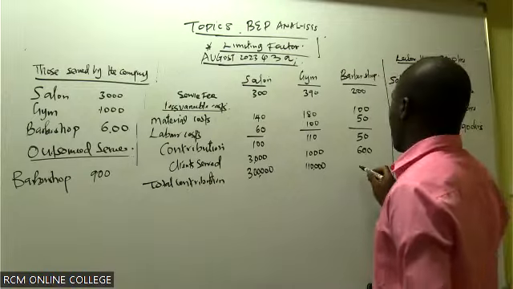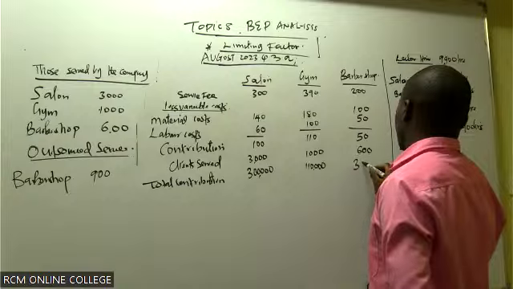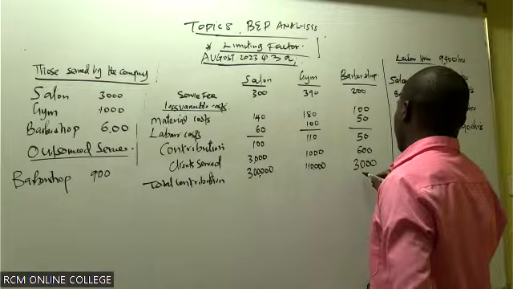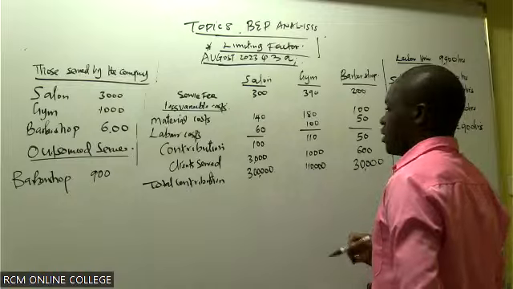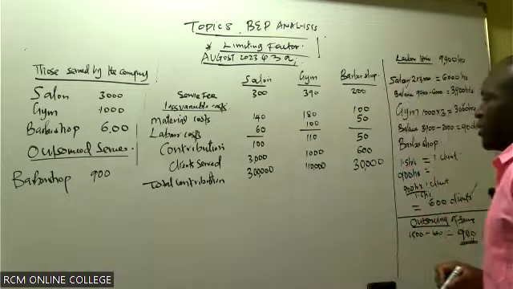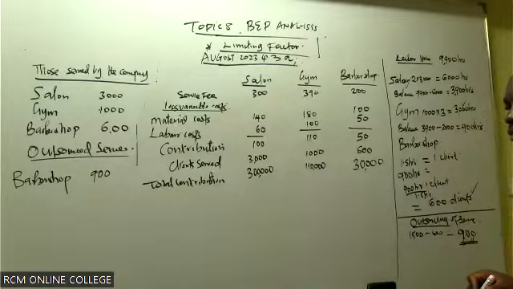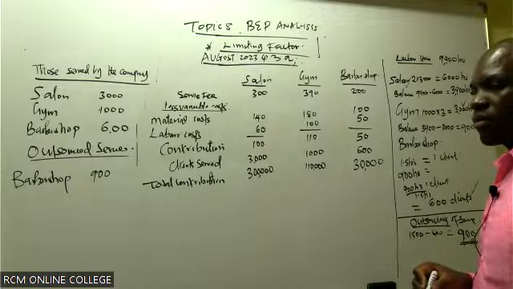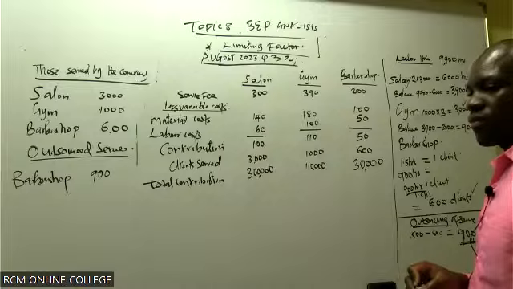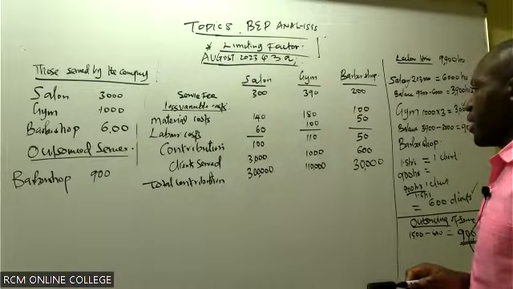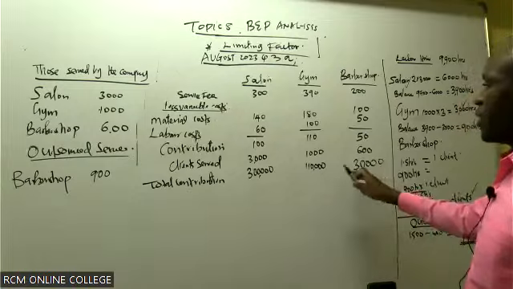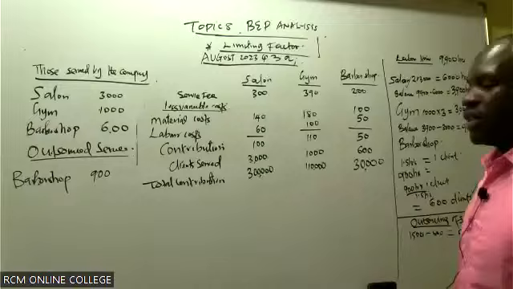And then here I'll be having, will it be 30,000? Confirm if that is it. Confirm, please. People are quiet. Are we together? We will be having 30,000, 110,000, 300,000. See, we have all those figures.